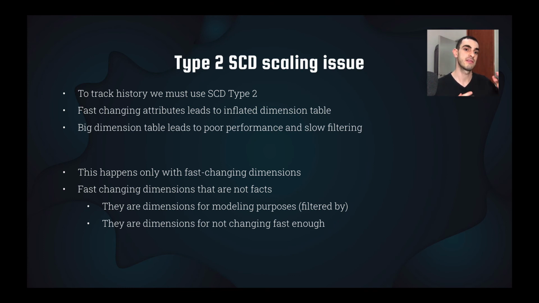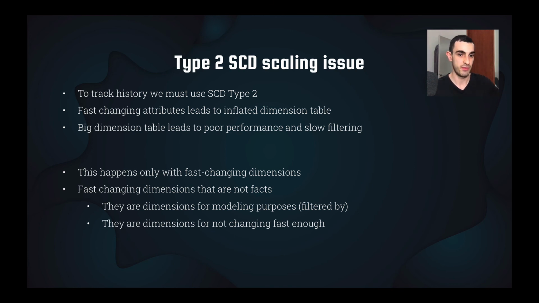Think about it: you have the dimension table and just one attribute changes and you need to duplicate the row. So even if you have a really big dimension in terms of columns, just one attribute changing fast enough will have to duplicate it again and again, and it's really bad for performance.